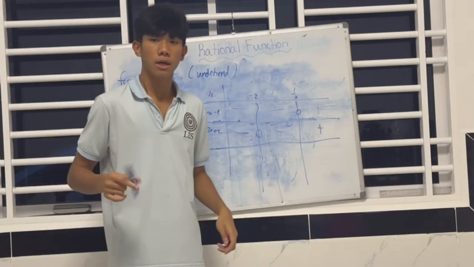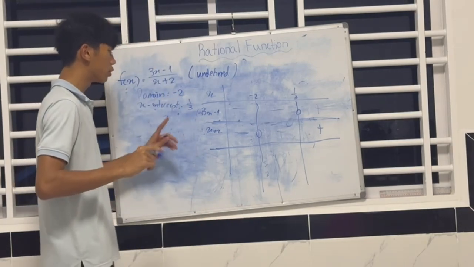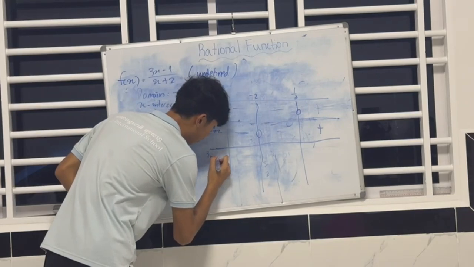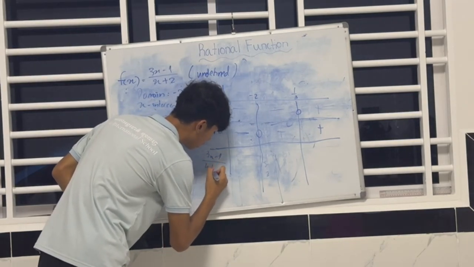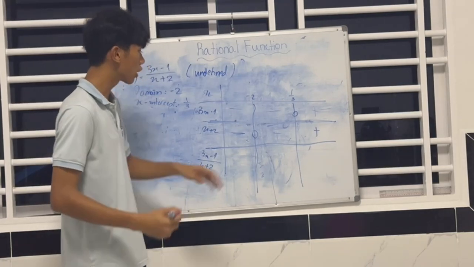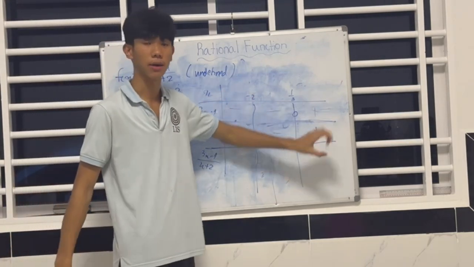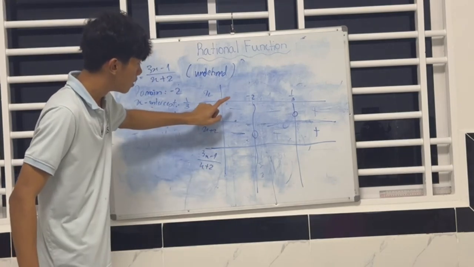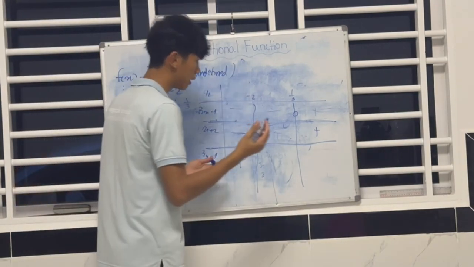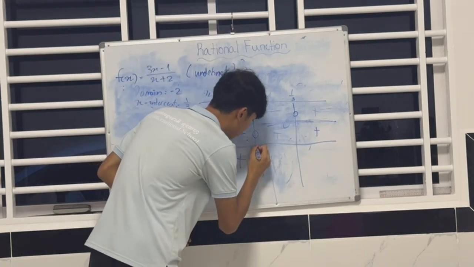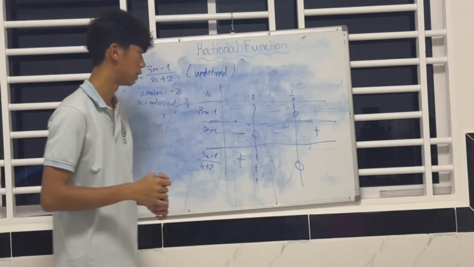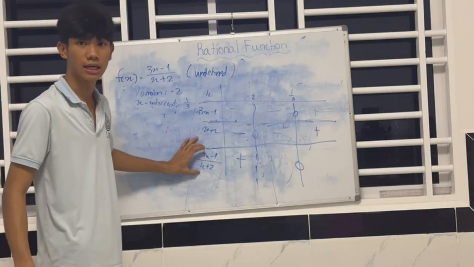The last step to find the sign diagram is to write 3x minus 1 over x plus 2 and find the function of it. What you're supposed to do is look at this diagram. Negative times negative will become positive. I'm sorry. We'll put a 0 over here, because they determine both of the sign diagram.